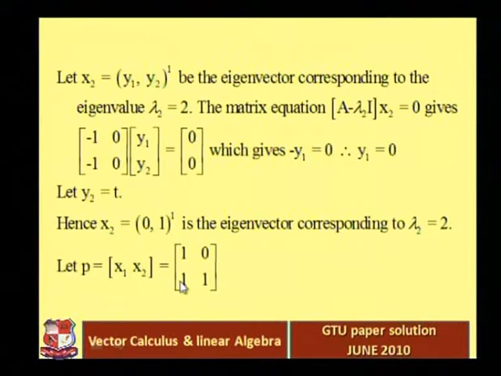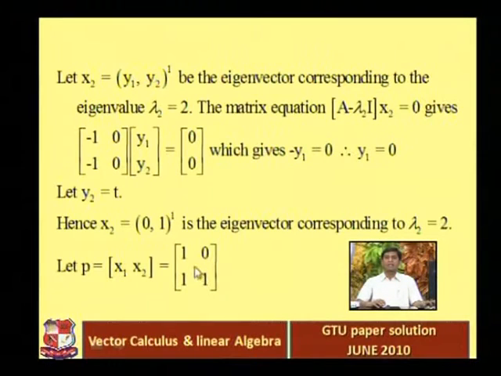What we have to do, first of all, find the adjoint of P. Just interchange the main diagonal entries. In the main diagonal of this matrix, both entries are 1, so when you interchange them you get the same 1 1.